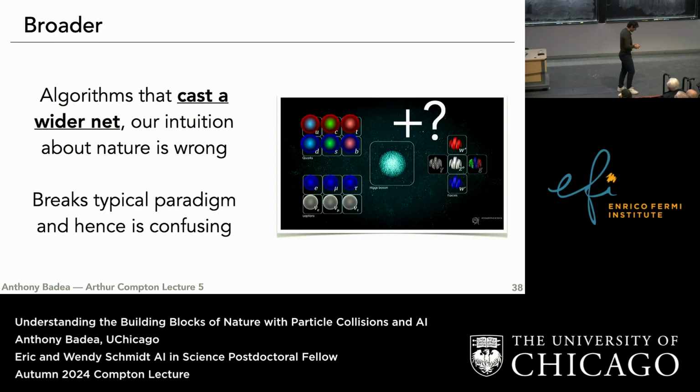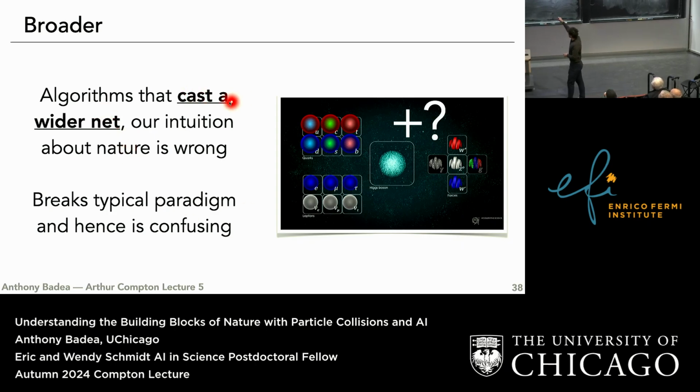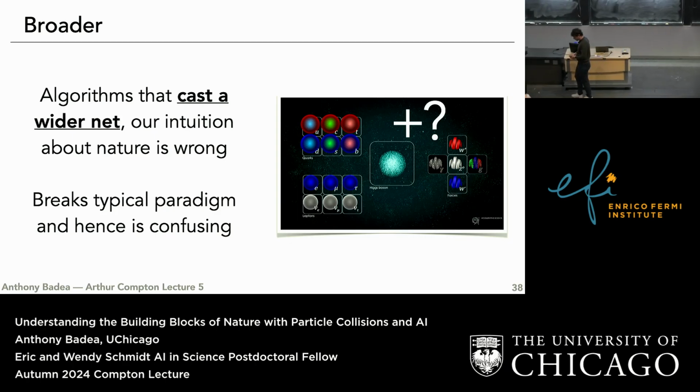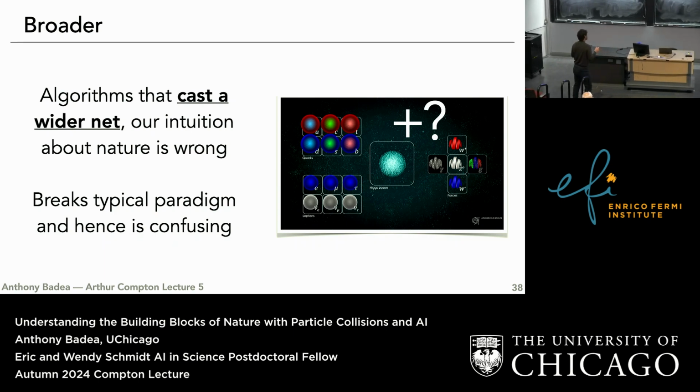Now the second theme, talking about broader. This is probably the one that you'll have heard maybe more about, and it's designing algorithms that cast a wider net. The idea here is simply that maybe our intuition about nature is wrong. You could ask, why are we in this position? We have all of these particles.